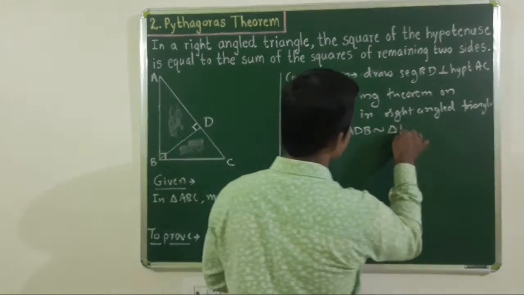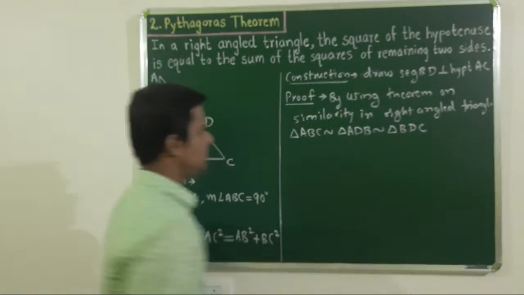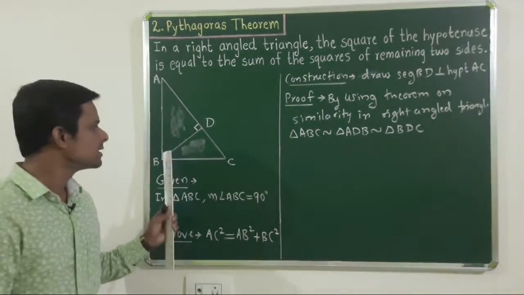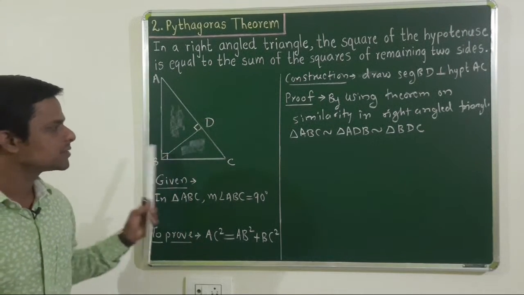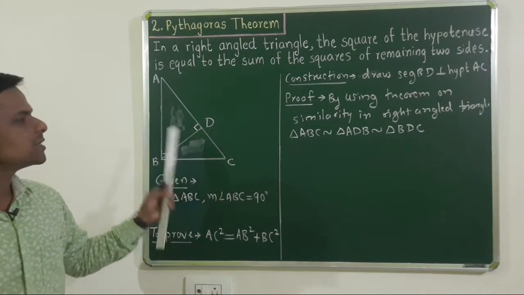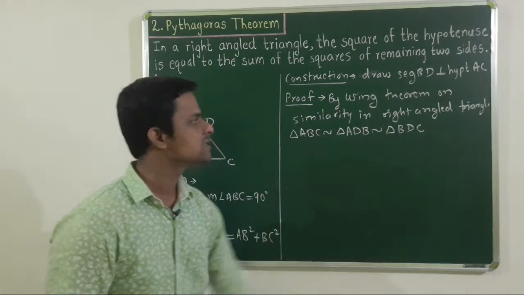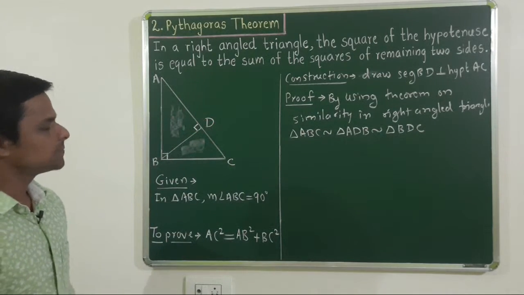See once again, if the altitude is drawn on the hypotenuse, then the two triangles formed are similar to the original triangle and similar to each other. It means all these three triangles are similar to each other.